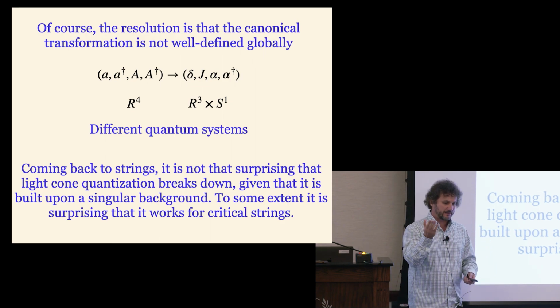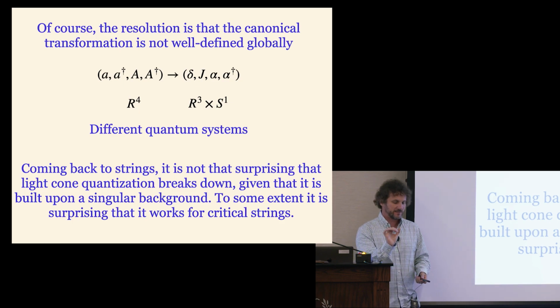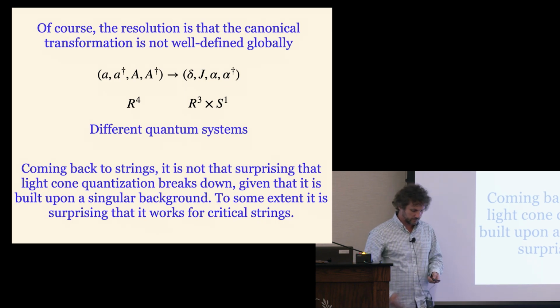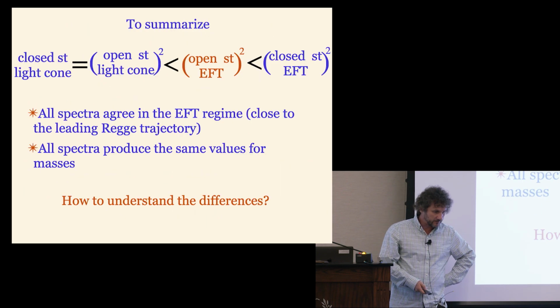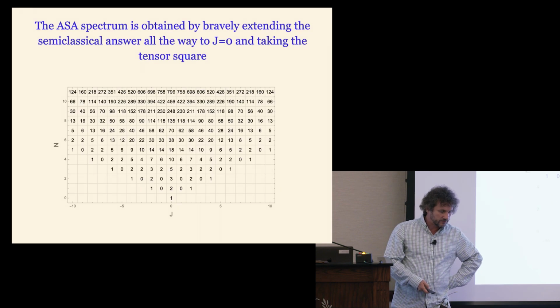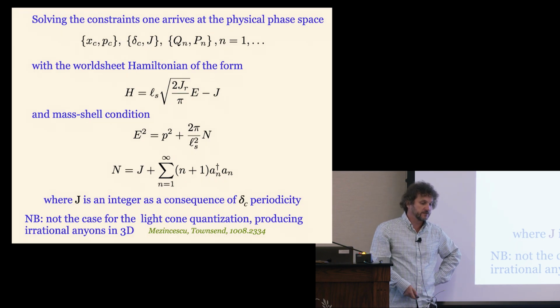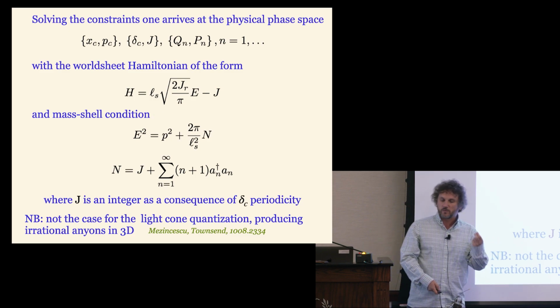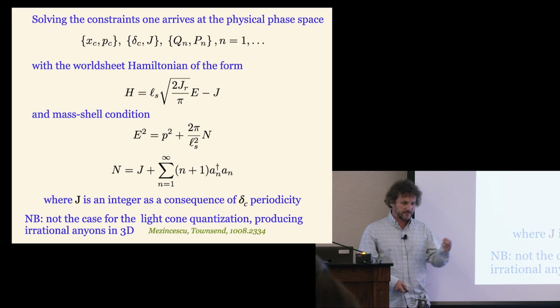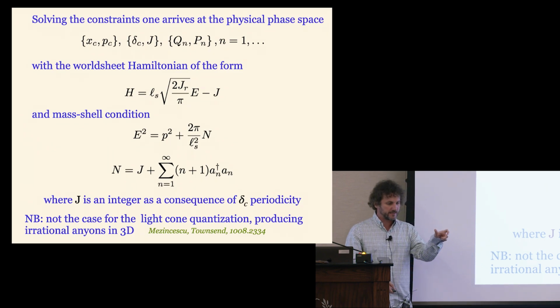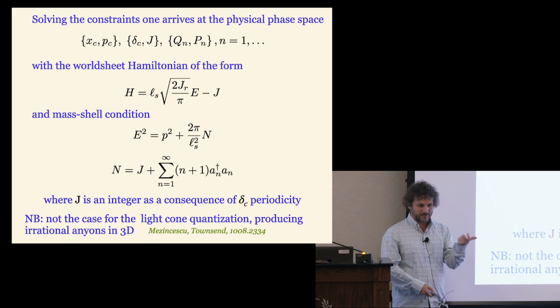But I think it's more correct to say that this anomaly really manifests itself as a kind of global anomaly, and to see its structure, one should look more fully at the structure of the phase space. It's related to the argument in this footnote here. When one directly does light cone quantization at d equals 3, as was noticed by Mezincescu and Townsend, even though the Poincare algebra works out, if one calculates the helicity of the resultant states, one always gets some irrational anyons, which is another way to say there is an anomaly.